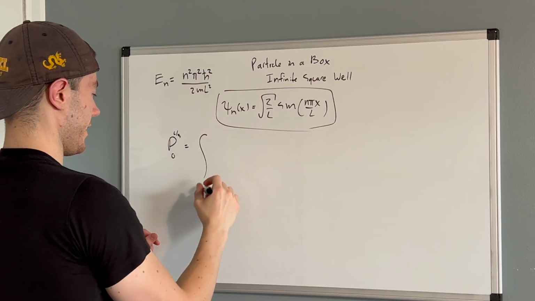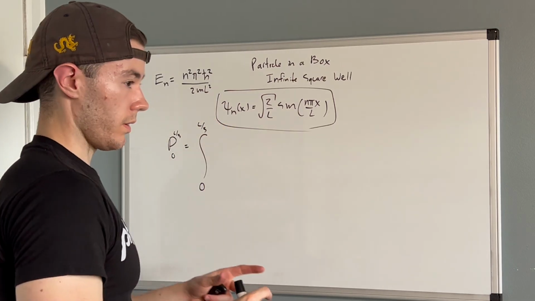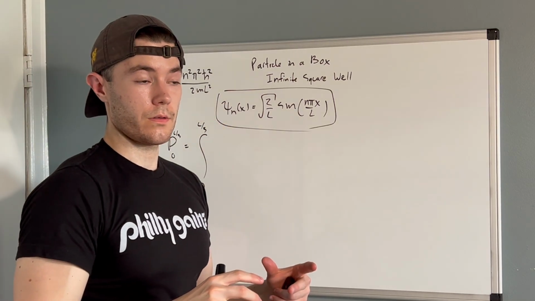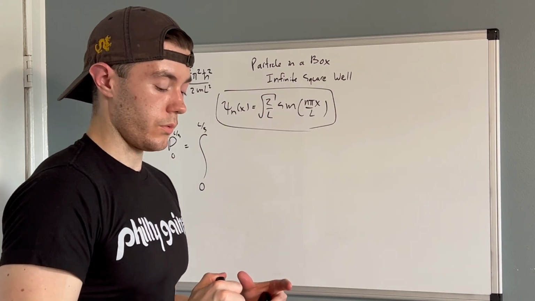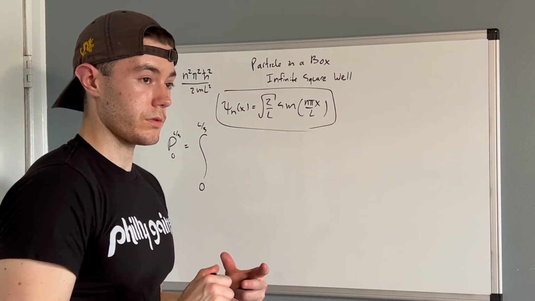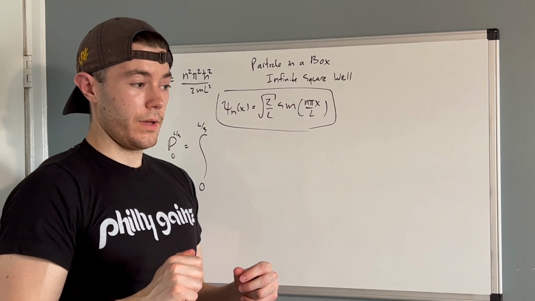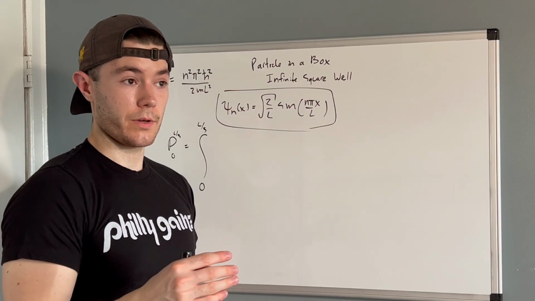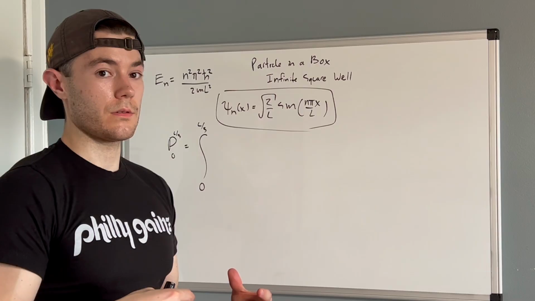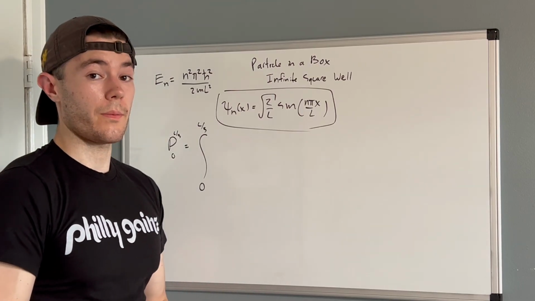is we integrate again from 0 to L over 3. We integrate the wave function squared times space. Remember, I told you that the wave function squared is a probability density. And the density is always divided by space. So if you multiply by space and then integrate over the region that you want to solve for, you get the probability.